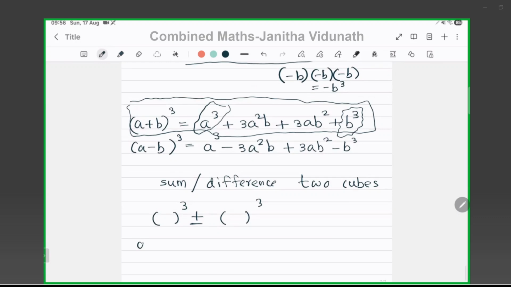Then here we get a plus b whole cube is equal to, we take these two terms as 1 and 2. Then we can get a to the power 3 plus b to the power 3 plus the remaining terms, 3 times a square b plus 3 times ab square.